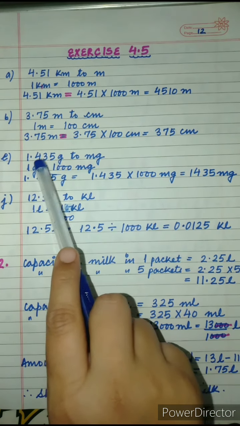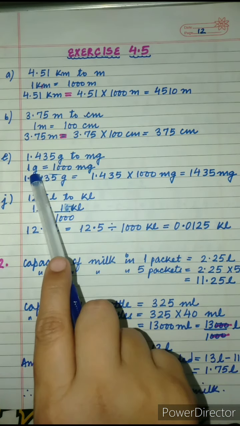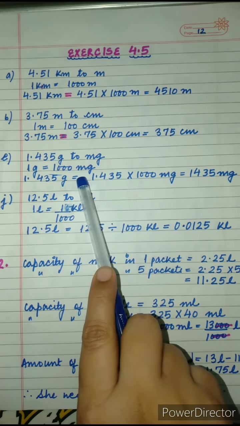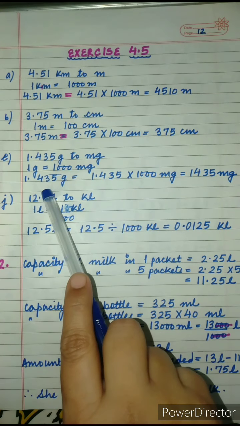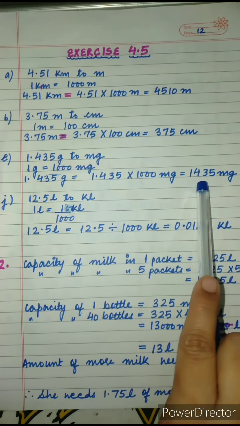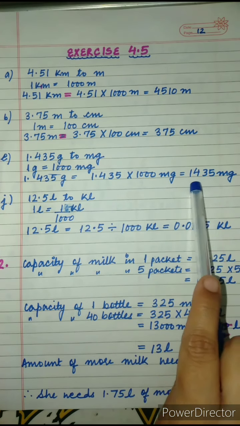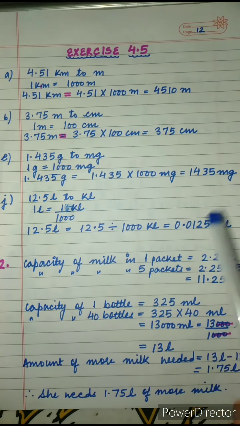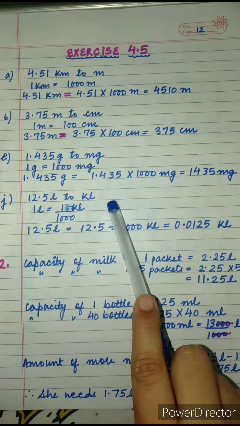Next, we have 1.435 grams to milligrams. Now we know that 1 gram is equal to how many milligrams? 1000. So we multiply 1.435 grams by 1000 milligrams. Move your decimal 3 places, so 1435 milligrams. Next, we have 12.5 liters to kiloliters.